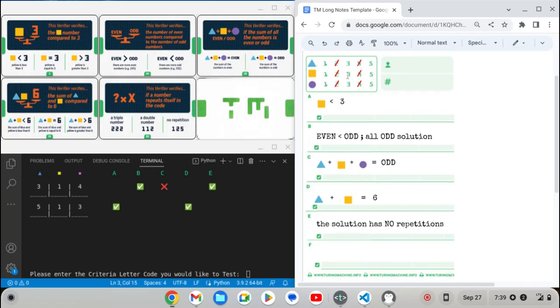So let's go ahead and cross out the 3 and the 5, which of course means that triangle must be the 5. So let's go ahead and cross out the 1 in triangle, as well as the 3, leaving us with triangle is 5.